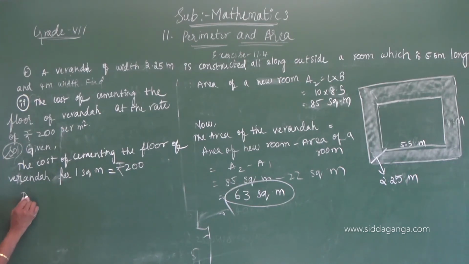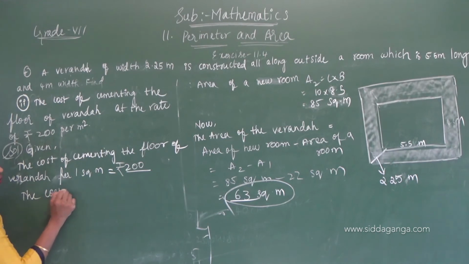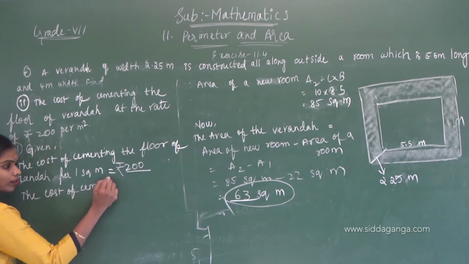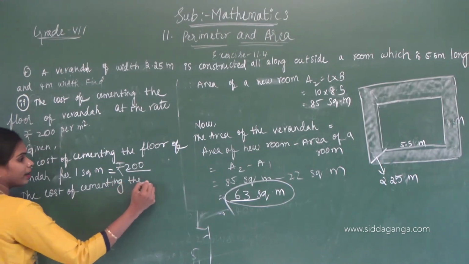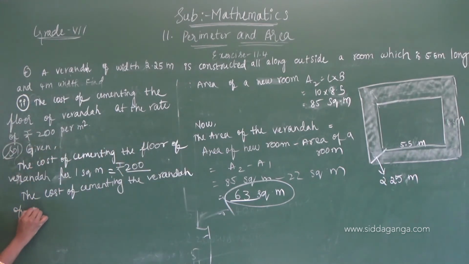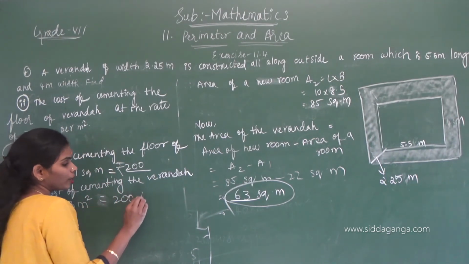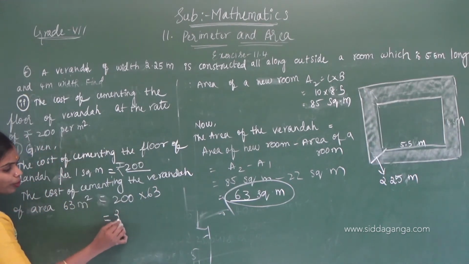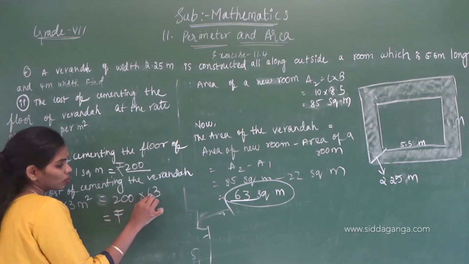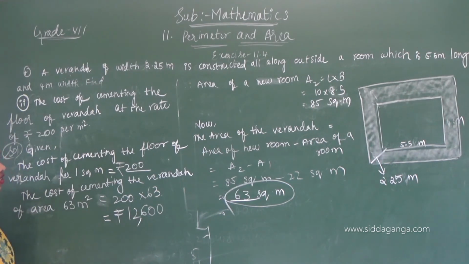We just have to multiply these two. The cost of cementing the veranda of area 63 square meters equals cost of 1 square meter into 63, that is 12,600 rupees.